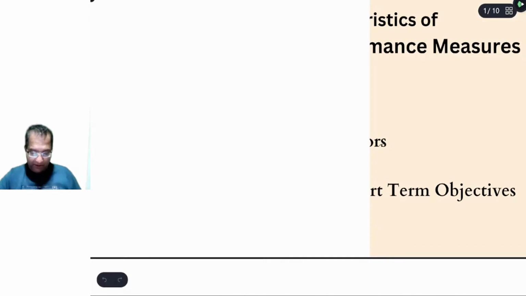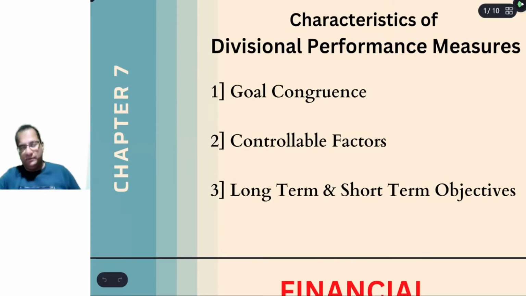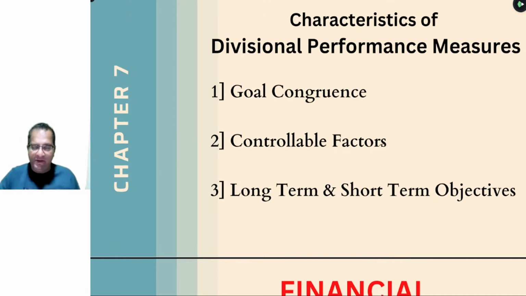So this topic is very, very important. The topic name is characteristics of a good divisional performance measure. Please listen very carefully, beta. This is very important. Whenever you are making calculations for measurement or when you are evaluating, definitely all these 3 points come very handy.